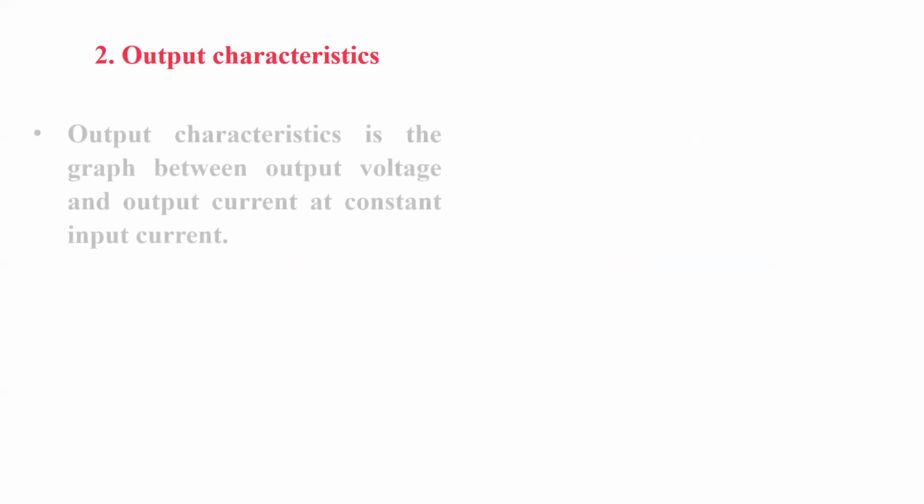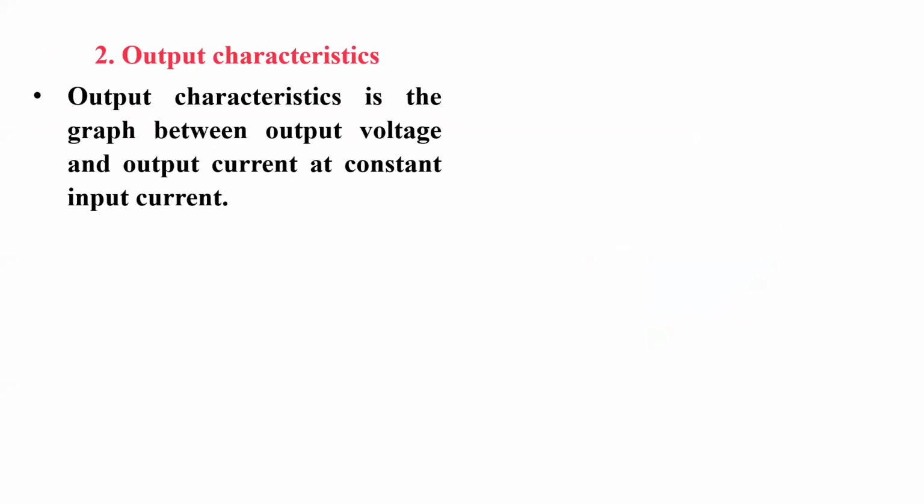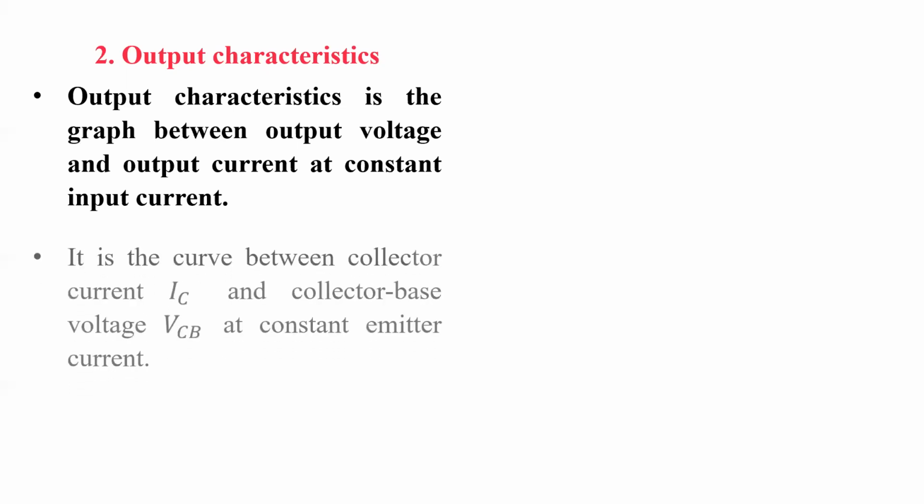Let us take the output characteristics of the transistor in CB mode. It is basically defined as the graph between the output voltage and output current at constant input current. When input current is constant, how the output voltage and output current are related to one another, that graph is called output characteristics.